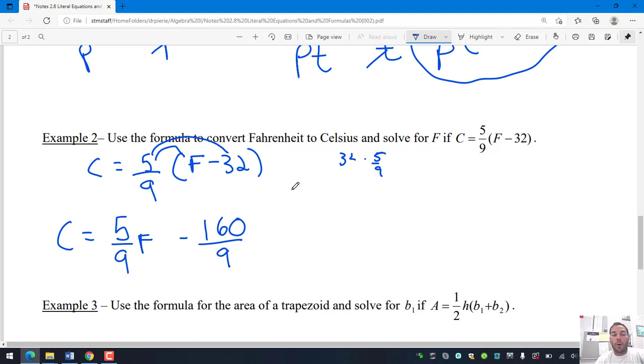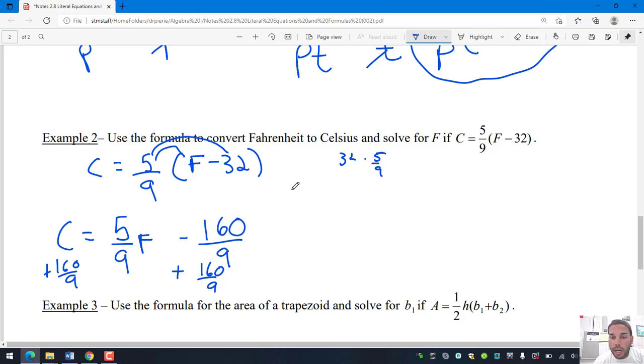So what's my goal here? I still want to get F all by itself. So what's my first thing I see here? I see a minus 160 over 9. It's a very ugly number, but it's still just a number. How do I get rid of subtracting 160 over 9? All I need to do is add 160 over 9 to both sides.